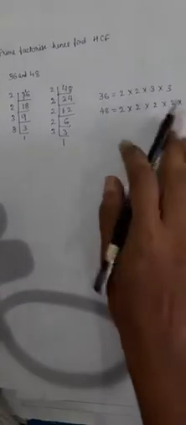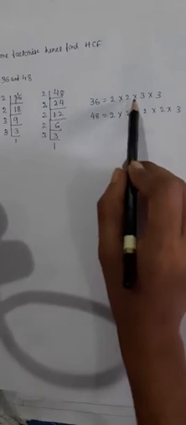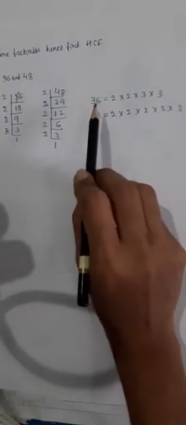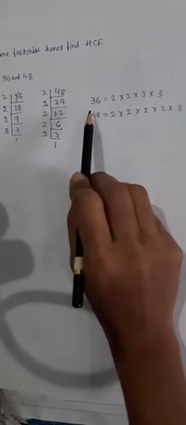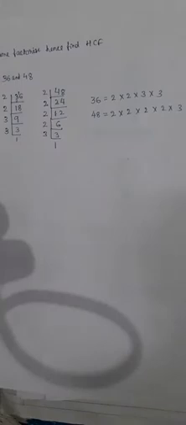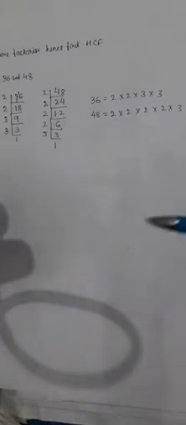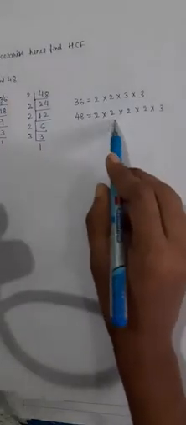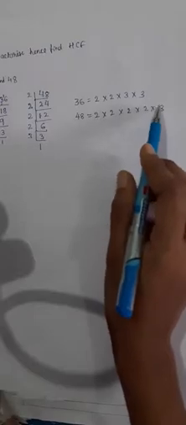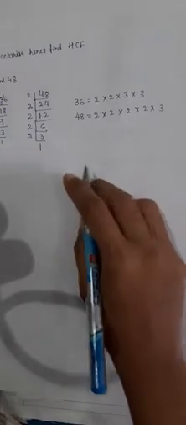You see, 2 twos are 4, 4 threes are 12, 12 threes are 36. Now if you want to multiply 48, 2 twos are 4, 4 twos are 8, 8 twos are 16, 16 threes are 48.